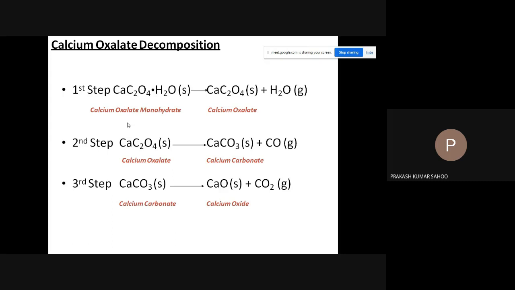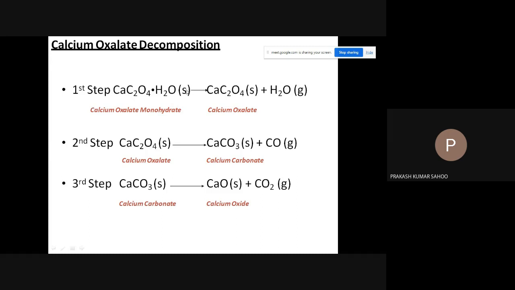If two units of COOH are bonded through carbon, it is known as oxalic acid. And from oxalic acid, if I remove the two hydrogens, it becomes oxalate ion. So that means C2O4 2-, is the oxalate ion. So this is calcium oxalate, CaC2O4 monohydrate means dot H2O.